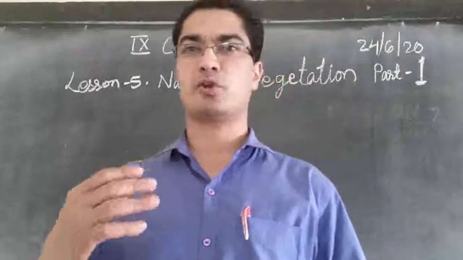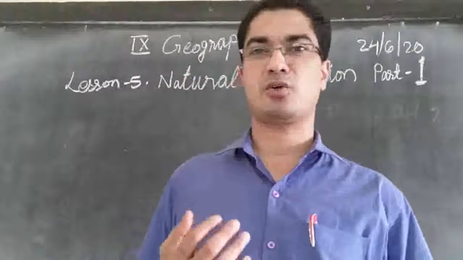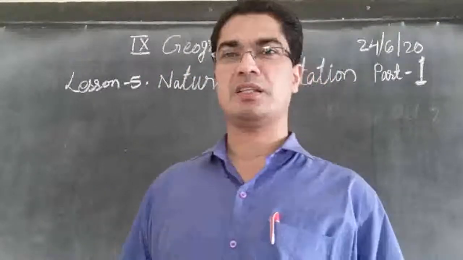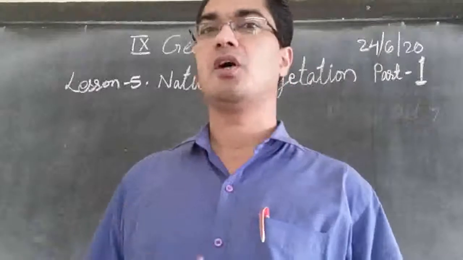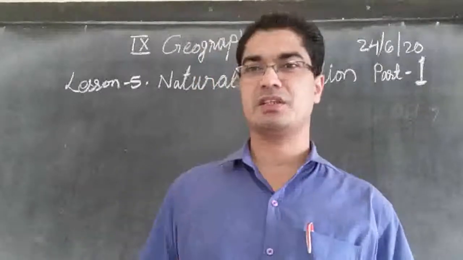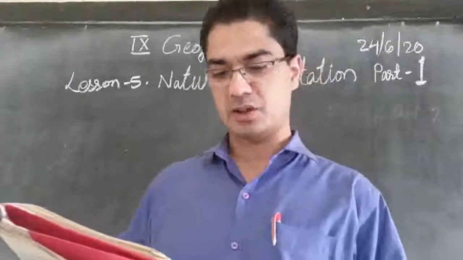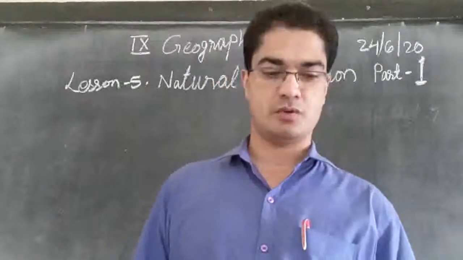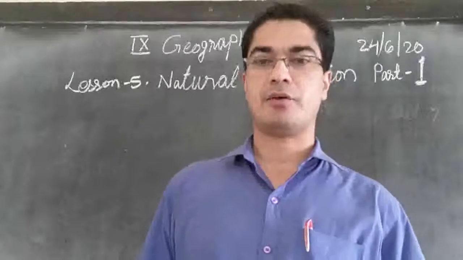Then why do we have so much? It is a question that we have to ask ourselves. Why does India have such a huge flora and fauna? What is the reason? And the reason is because of the factors that we are going to study. First of all, it is relief.